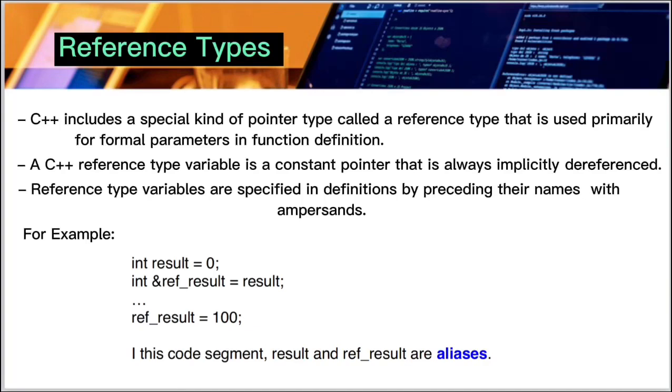Reference type variables are specified in definitions by preceding their names with ampersands. For example: int result = 0; int &ref_result = result; ref_result = 100; In this code segment, result and ref_result are aliases.